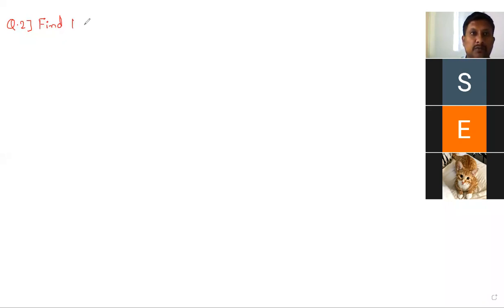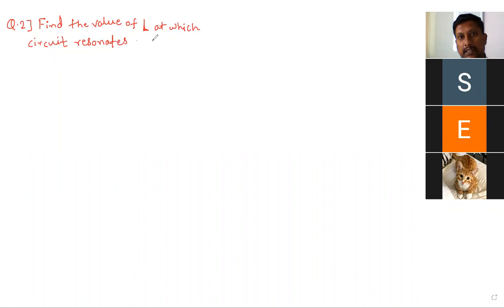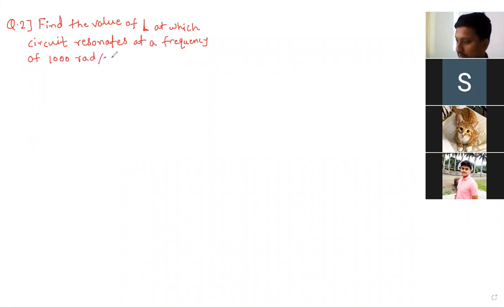Find the value of L, that is the inductor, at which the circuit resonates at a frequency of 1000 radian per second in the circuit shown in figure.